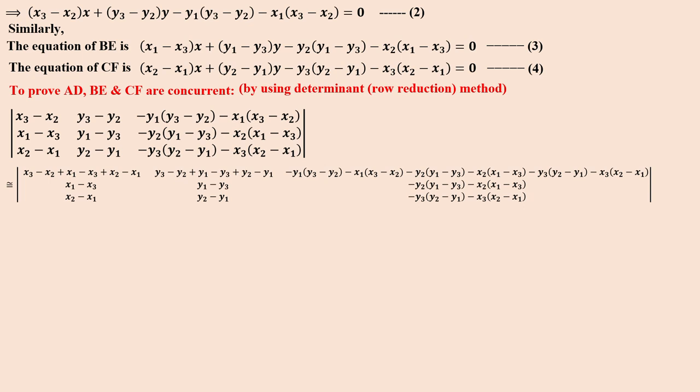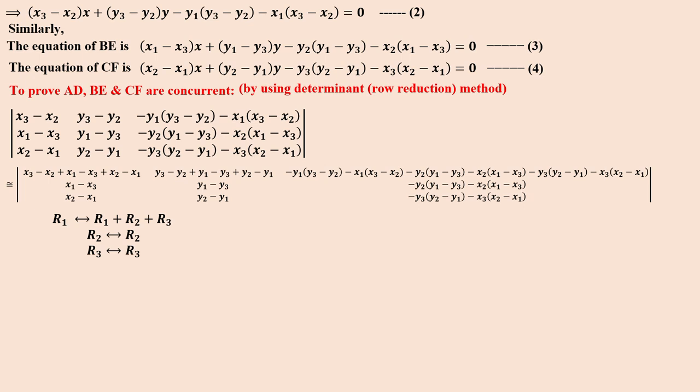Now we use the row reduction idea. The first row can be replaced by row 1 plus row 2 plus row 3, giving an equivalent determinant. So R1 is replaced by R1 plus R2 plus R3, while R2 and R3 remain the same. In R1, all the terms cancel and become 0, similarly in all the columns: 0, 0, 0.